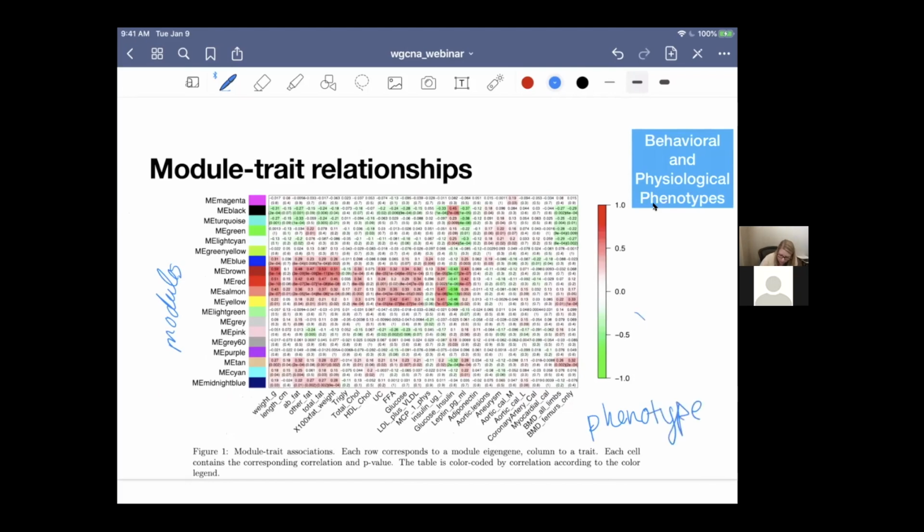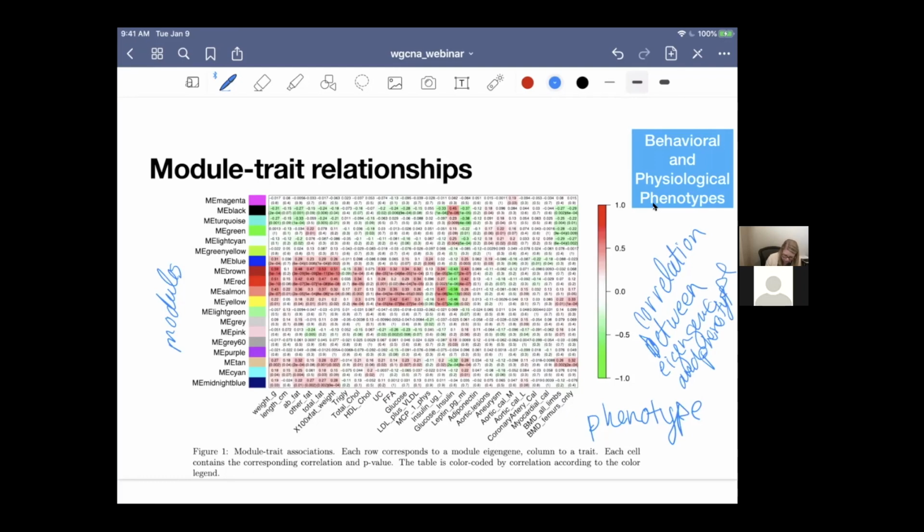So this is the correlation between the module eigengene and the phenotype.